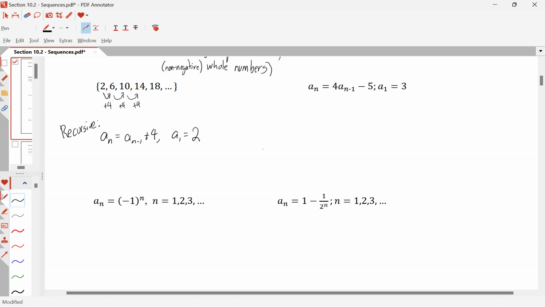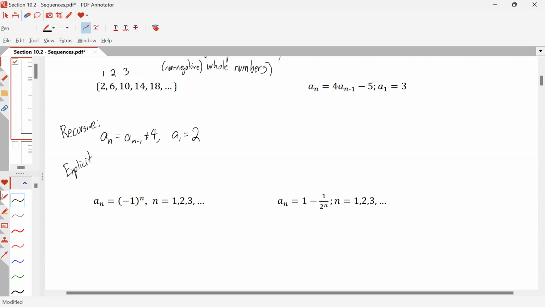If I wanted to write an explicit formula, the thing that I notice is that there is a common difference over and over. What this pattern should generally feel like is a pattern of a line, where when my input is 1, my output is 2. When my input is 2, my output is 6.